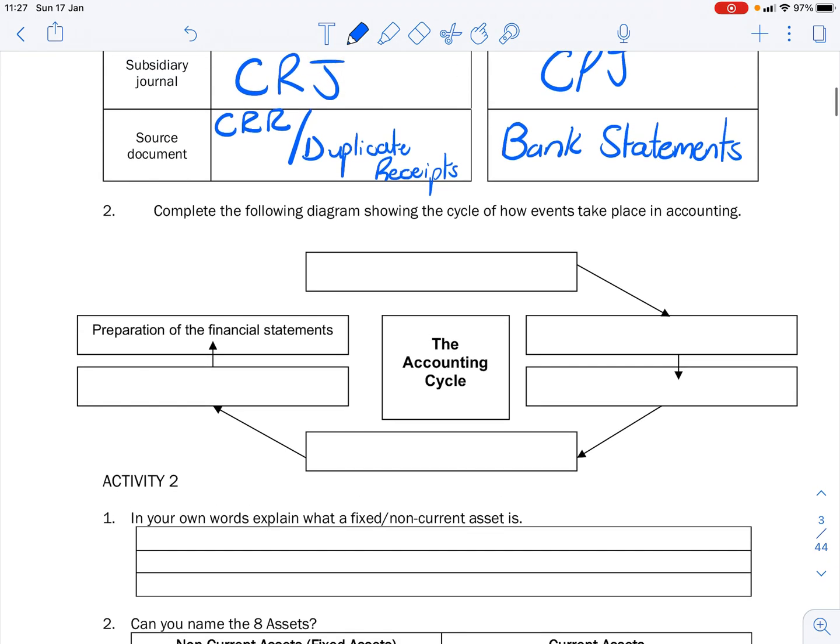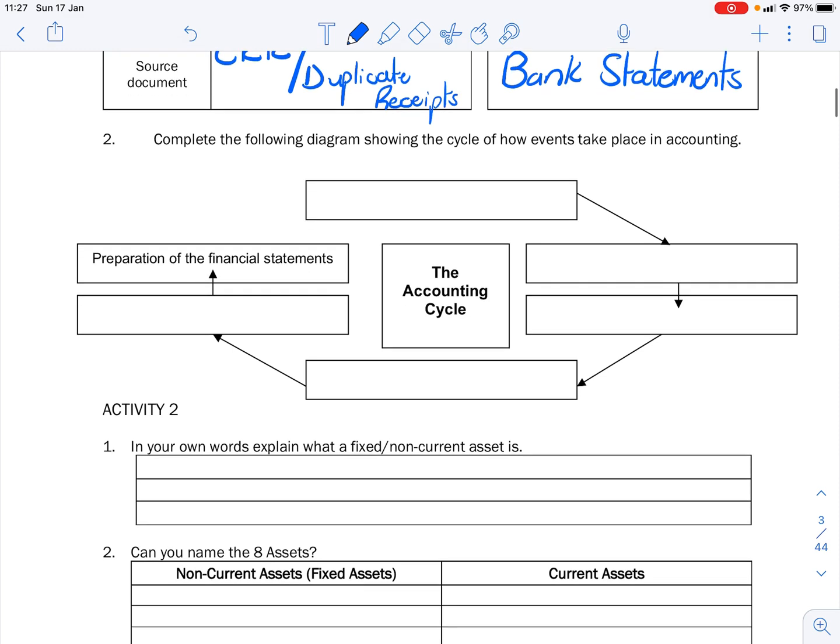If we look at the second question, it says complete the following diagram showing the cycle of how events take place. Now, if we look at the keywords, first and foremost, a transaction takes place. After the transaction, we then record the information on a source document.